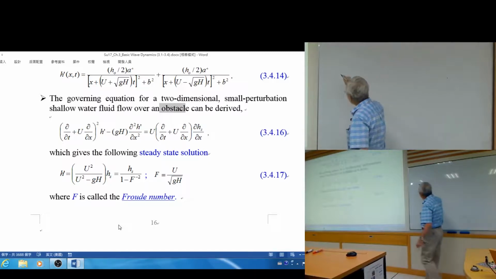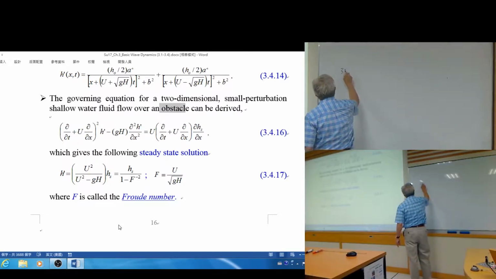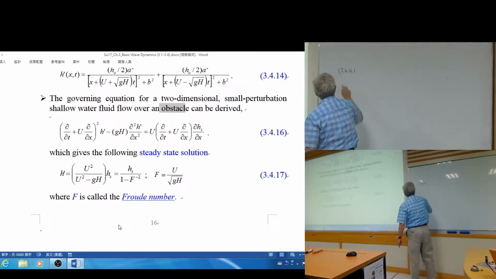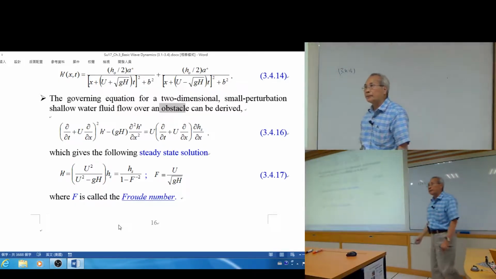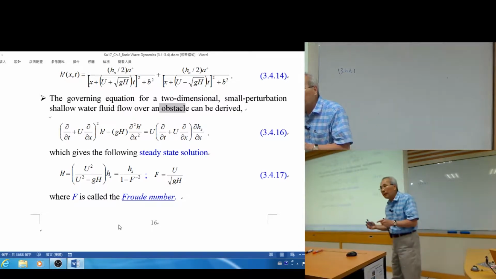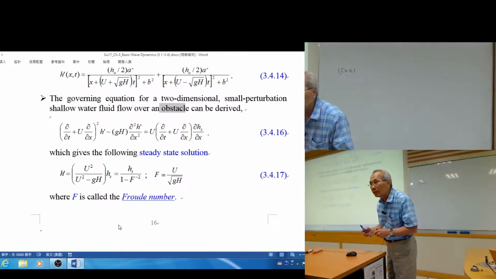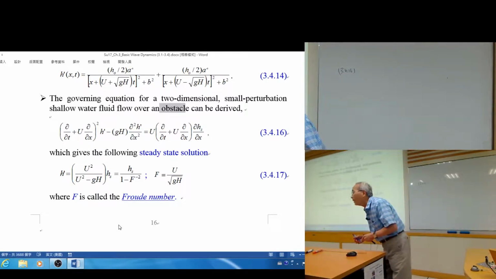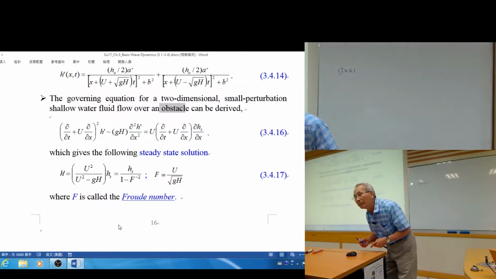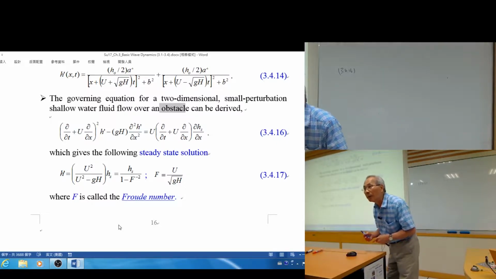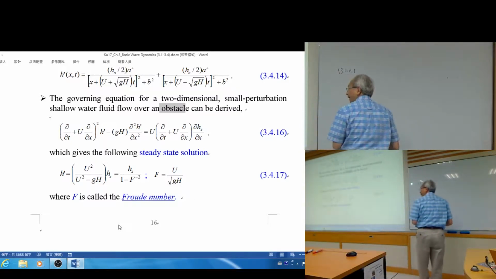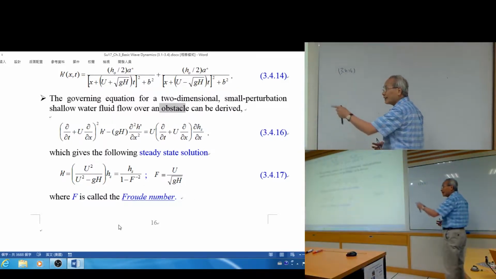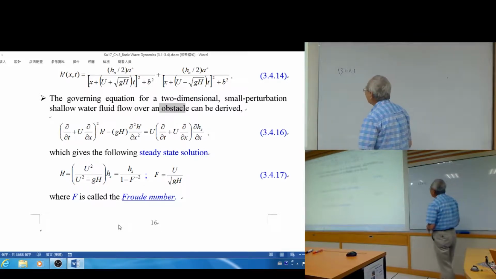So we consider 3.4.16, and now we assume steady state. Steady state flow, do you know that? You forgot.